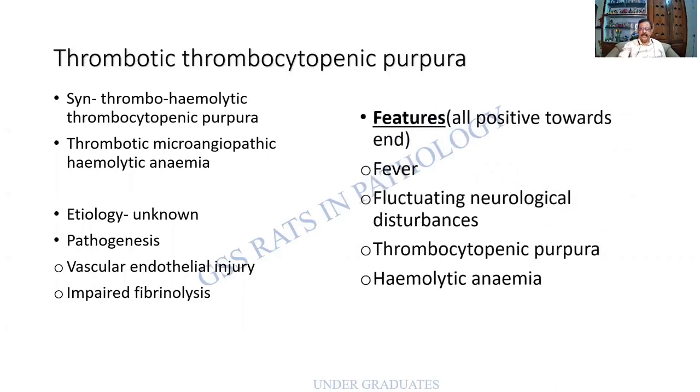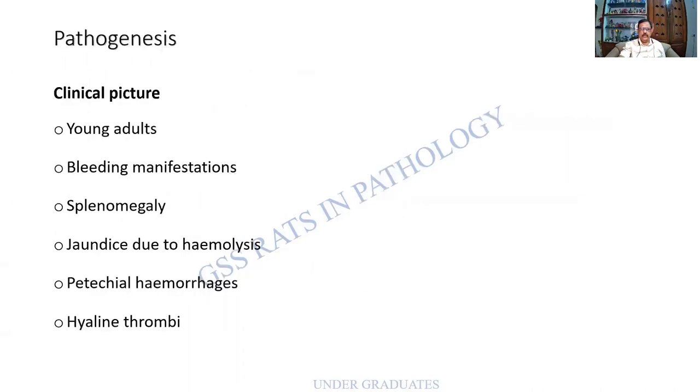The features can vary from fever, fluctuating neurological disturbances, thrombocytopenic purpura, and hemolytic anemia. Initially, one or two can be positive, but towards the end, all will be seen. Fever, fluctuating neurological disturbances, thrombocytopenic purpura, hemolytic anemia. So much so, it is called a tetrad.